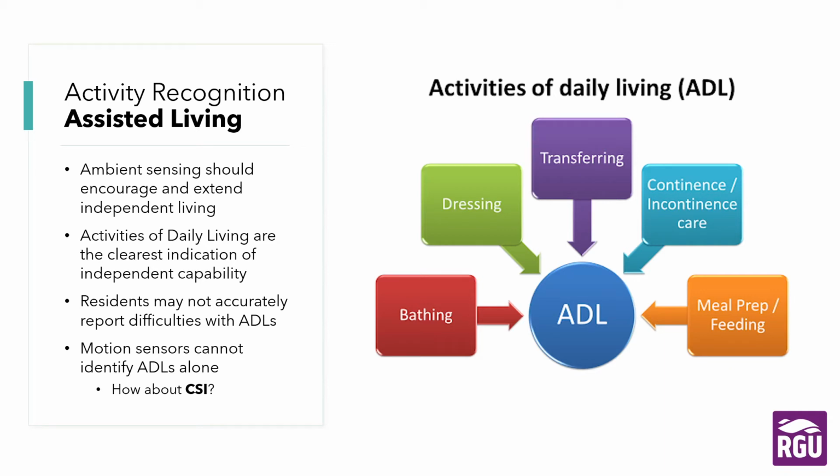This is a real problem in assisted living, as residents aren't actually likely to accurately tell us if they're struggling. And unfortunately, motion sensors alone cannot give us all of this information. By using CSI for activity recognition, we could potentially get real insight onto our residents' ADL performances.